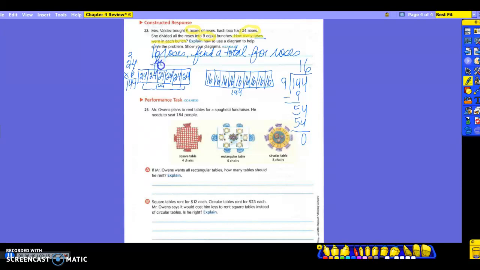And then we're going to find the number in each bunch. So all of the stuff we did here is part of your explanation. I just want you to make sure you understand what you did first and what you did second. You first found a total of roses, and then you found the number that was in each bunch after you had found the total.